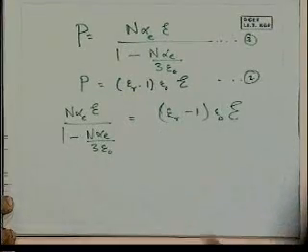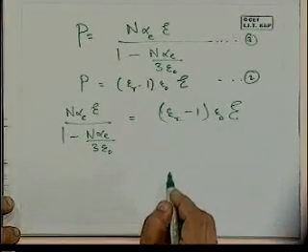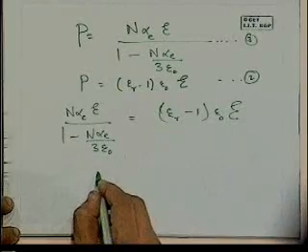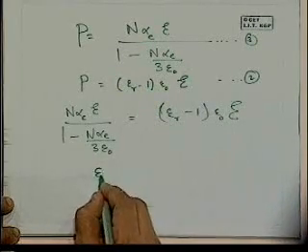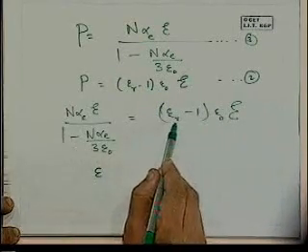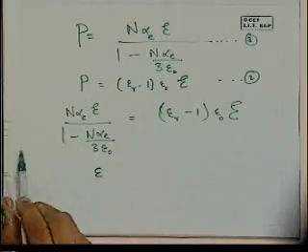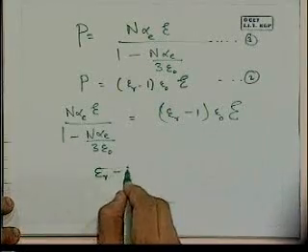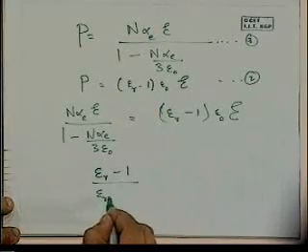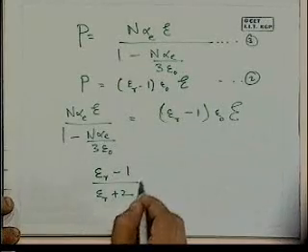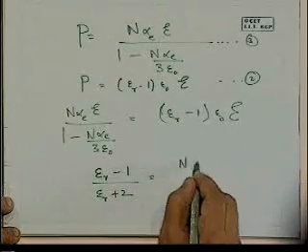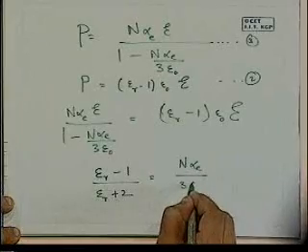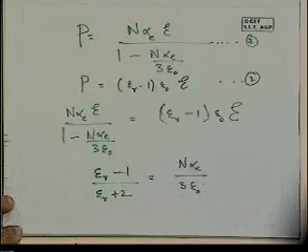And if we work with this some more, we end up with the following expression, where I separate out epsilon r, and we get epsilon r minus 1 by epsilon r plus 2 is equal to n alpha E by 3 epsilon naught.